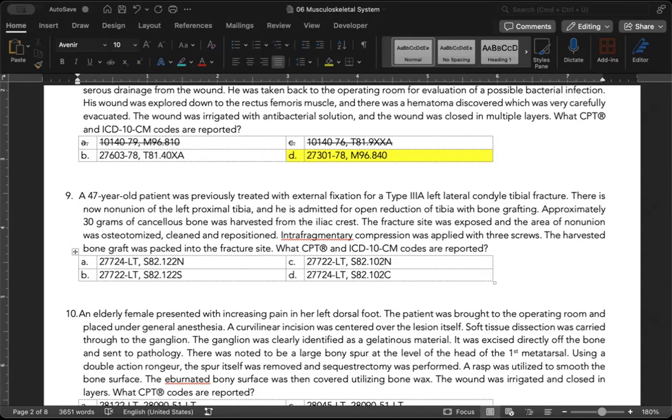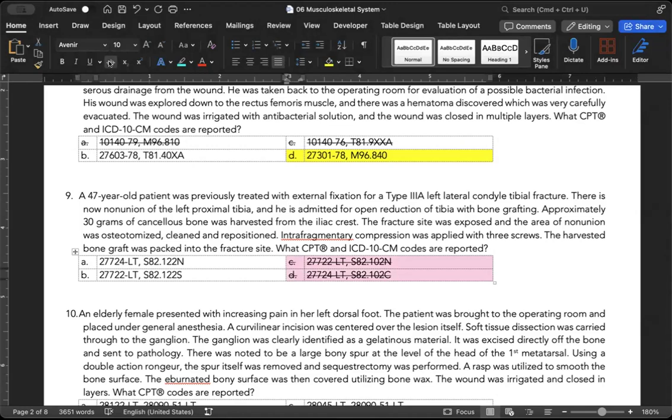And 102 is an unspecified fracture of the upper end of the left tibia. So should we use 122 or 102? The 122.